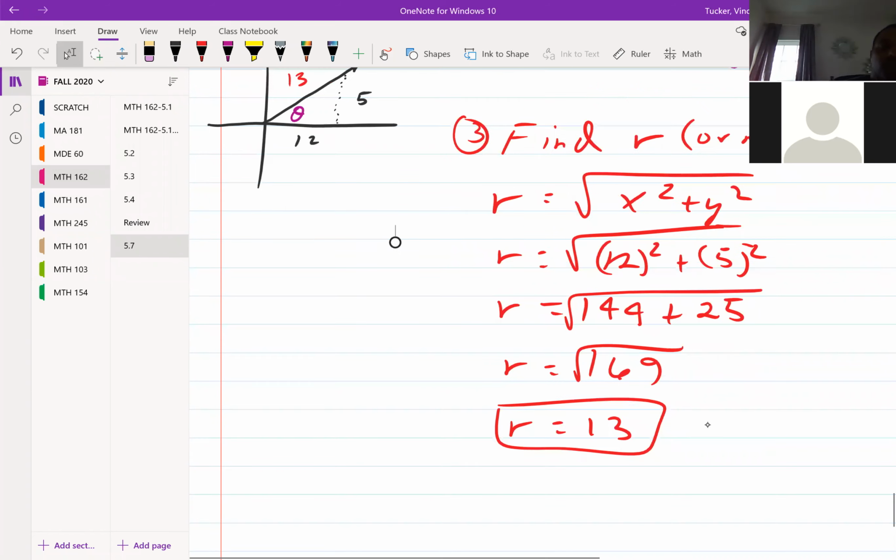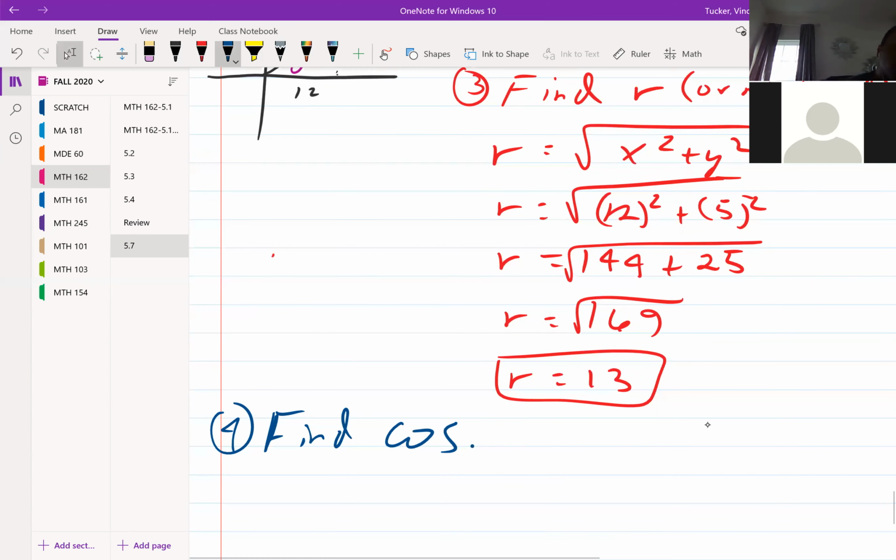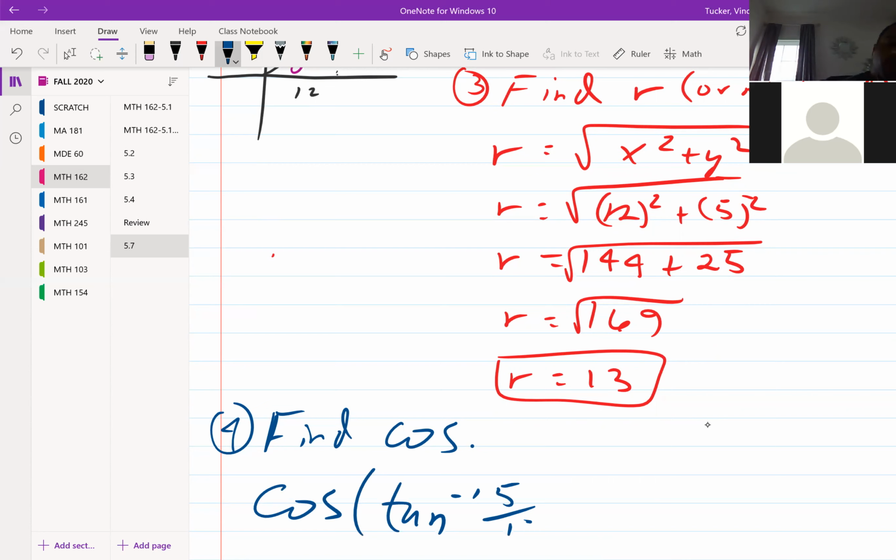All right, so now we can find cosine. So don't forget what we had. Initially, we had cosine of tan inverse of 5 over 12.